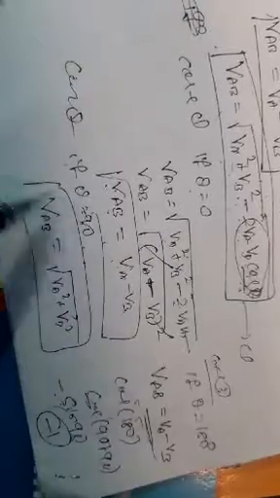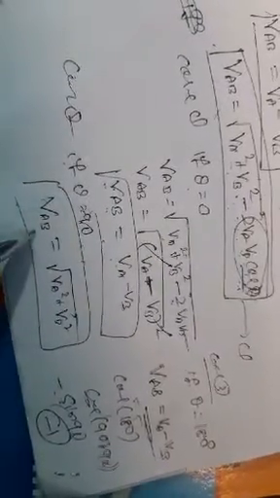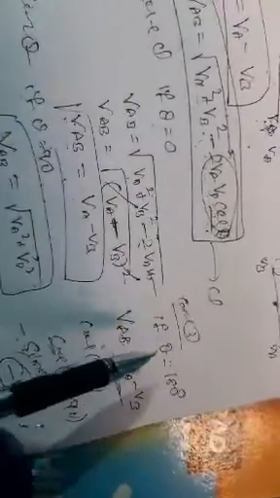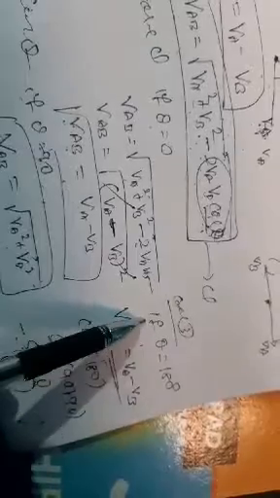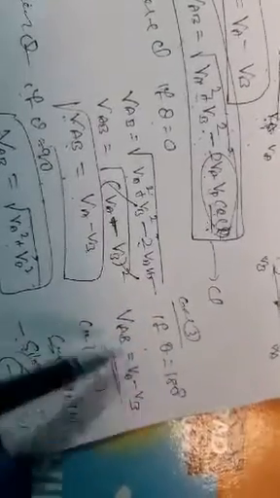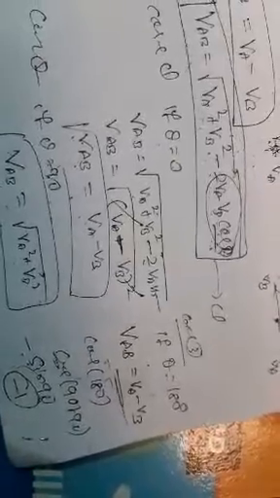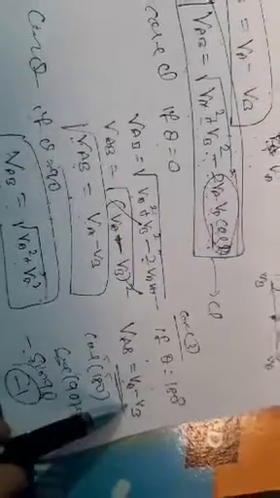If theta is equal to 90 degree, VAB is equal to root of VA square plus VB square. If theta is equal to 180 degree, the magnitude of the resultant velocity is VA minus VB.